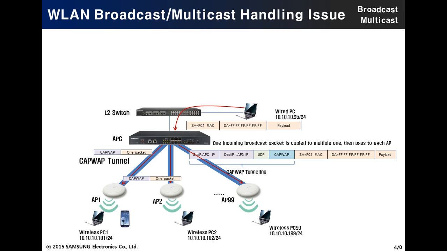So if I have a /24 and stations all across my network on different access points, I have to make a copy and send it to all the access points where these stations are. And if this is just one broadcast packet, now if you have so many broadcast packets going on, the AP has to make multiple copies, keep doing this over and over again. So it takes a lot of processing.